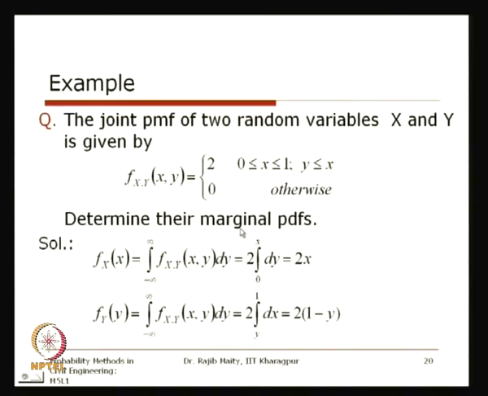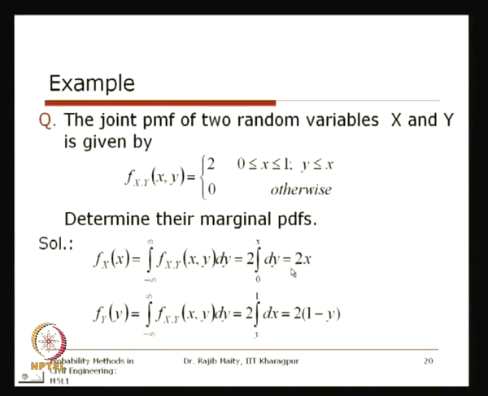So determine their marginal PDF. Straightforwardly, if we apply our knowledge, we integrate over the entire range. If we want to know the marginal distribution of x, we integrate over the entire range of y, which is from 0 to x. Starting from 0, it can take a maximum value up to x.